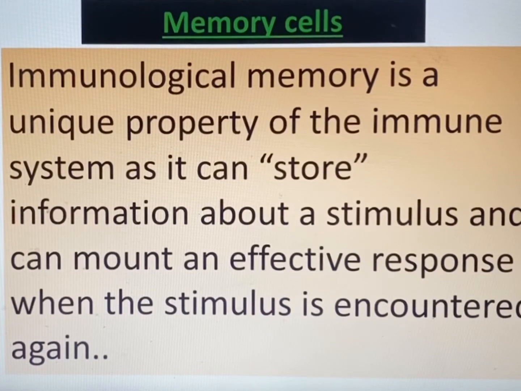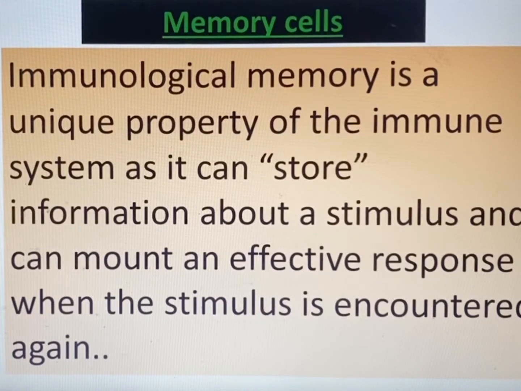Immunological memory is a unique property of the immune system as it can store the information about a stimulus and can mount an effective response when the stimulus is encountered again.